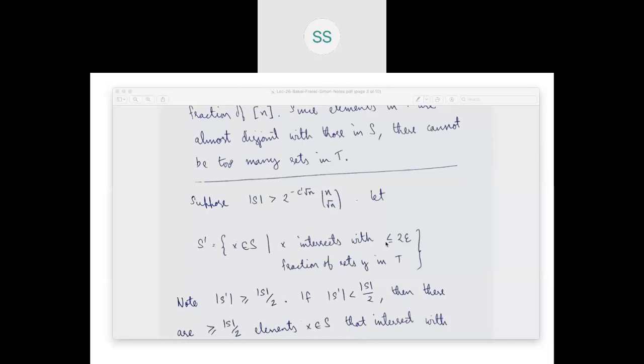So this corresponds to 0 entries in the matrix. So notice that even though we are using a product, we are not using the uniform distribution. You can think of it as a uniform distribution inside the choices that are available to Alice and Bob, right?